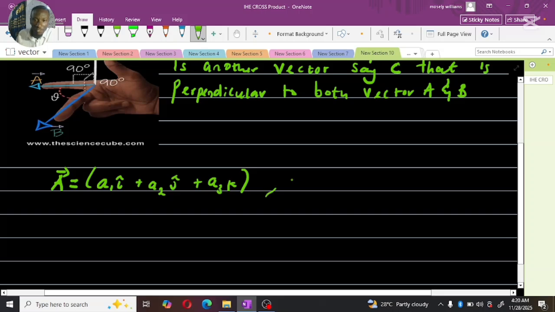And we have another vector, which is vector B: B1 i plus B2 j plus B3 k.